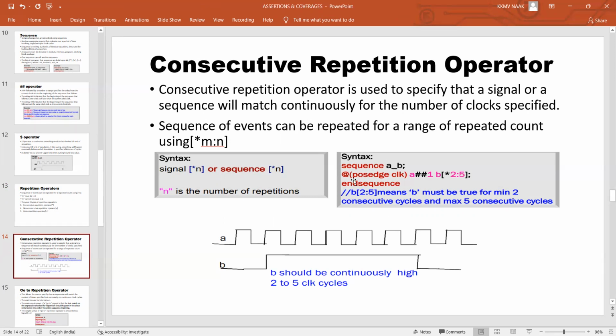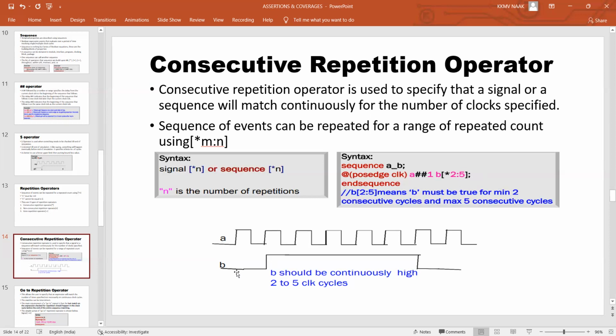So this is the example. This is your sequence. At the positive edge of the clock, A should be high. When A is 1, in the next clock cycle, after 1 clock cycle, B should be continuously high from 2 to 5 clock cycles. So B must be true for a minimum of 2 consecutive cycles and a maximum of 5 consecutive cycles. After that, it will go low.